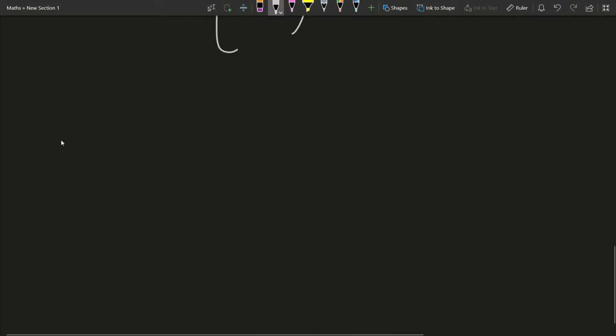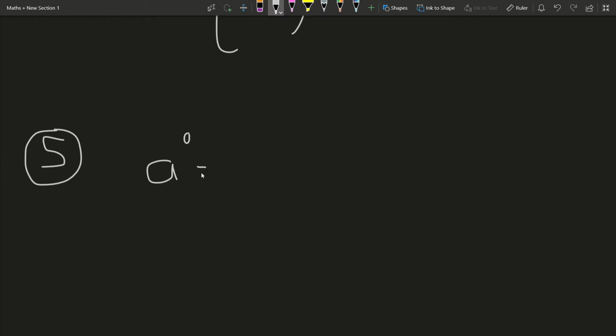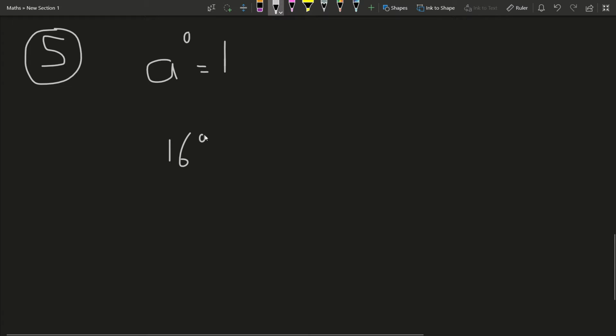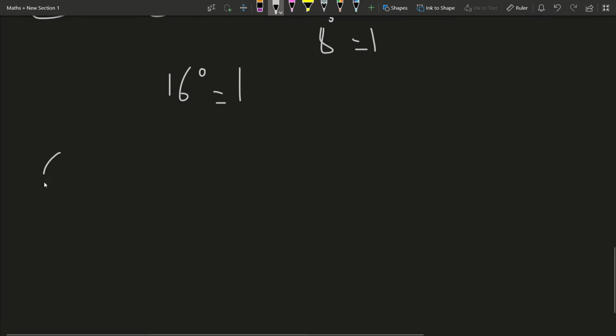Now we have the fifth one, which is anything to the power of 0 is equal to 1. So 16 to the power of 0 is equal to 1. Anything, 8 to the power of 0 is equal to 1. Yeah, that's pretty much it.